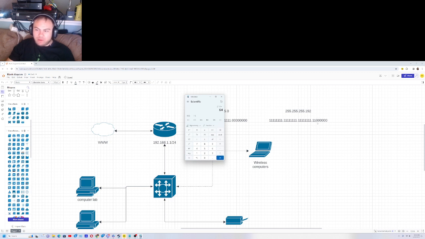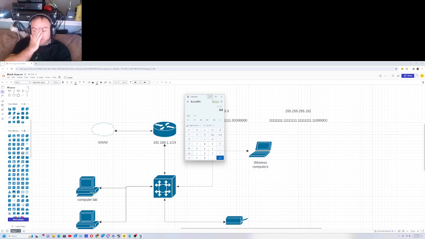So we have 64 possible IP addresses in our network. If we gave every subnet the subnet mask of 192, we will have a total of 64 possible addresses that can be distributed to our different networks.